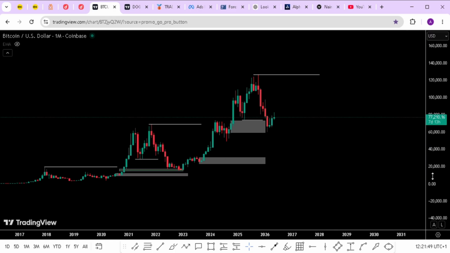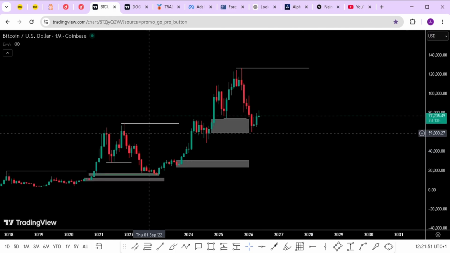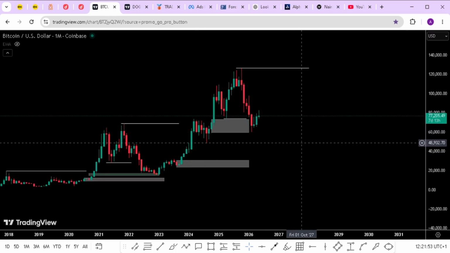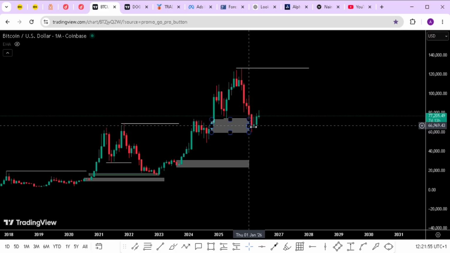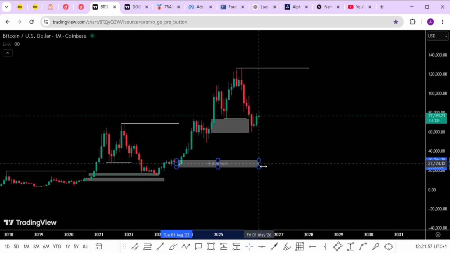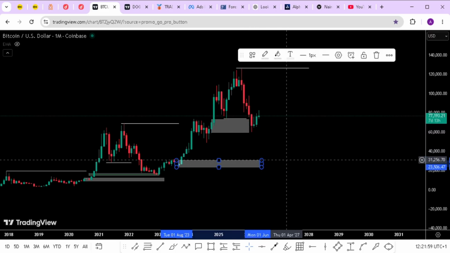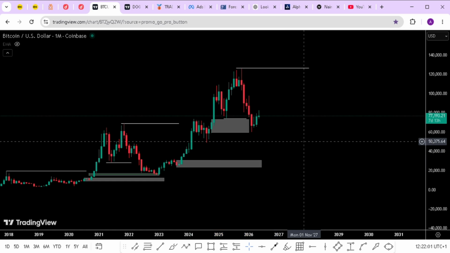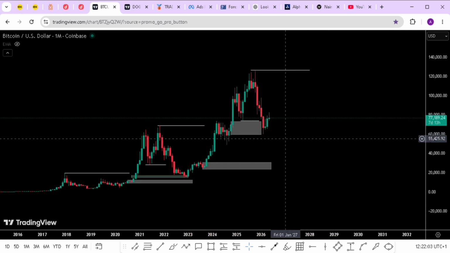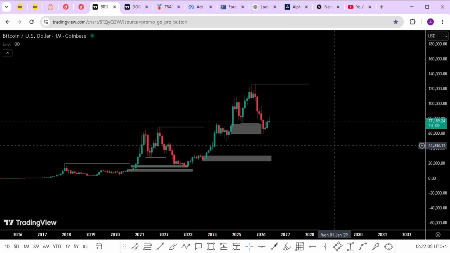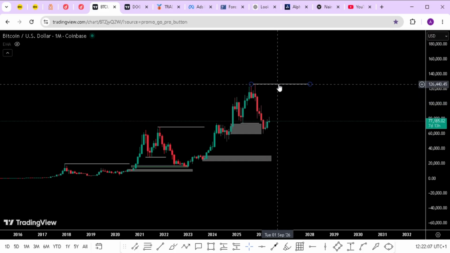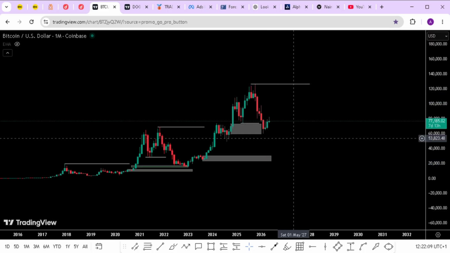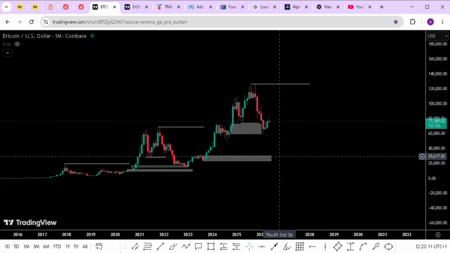So if this level fails, then we are likely to come as low as 27,000 to 30,000, $31,000. This is what I'll be expecting on BTC: either we bounce to continue to this level, or this level fails, then we come lower.